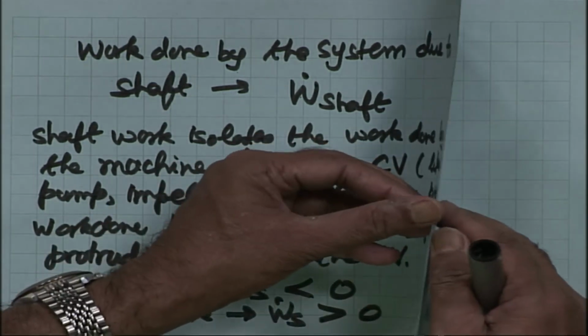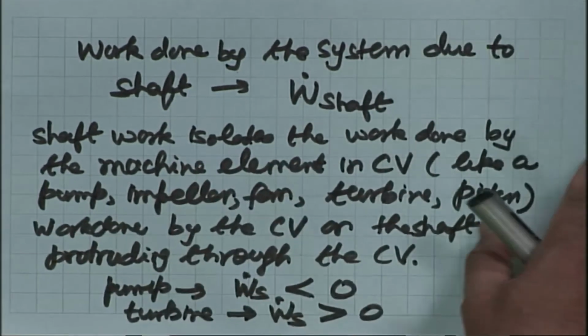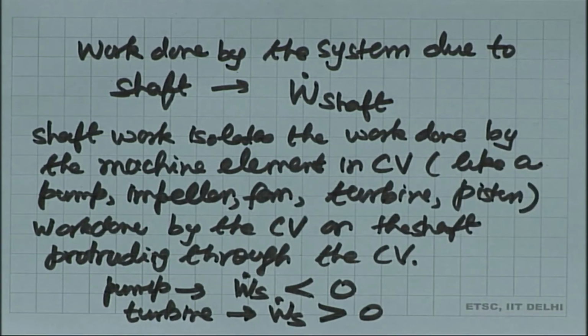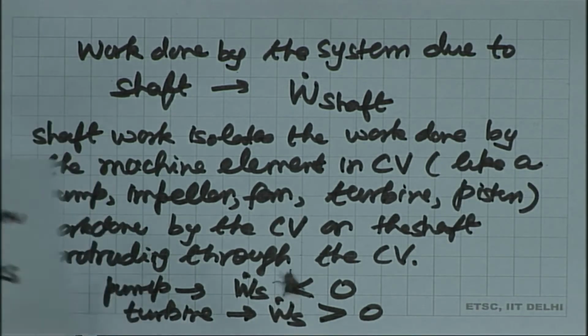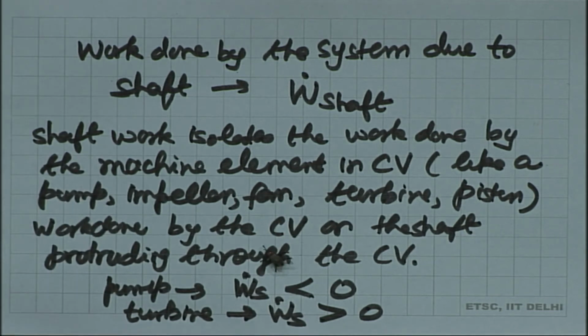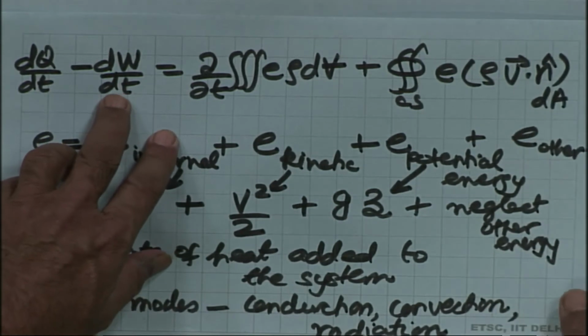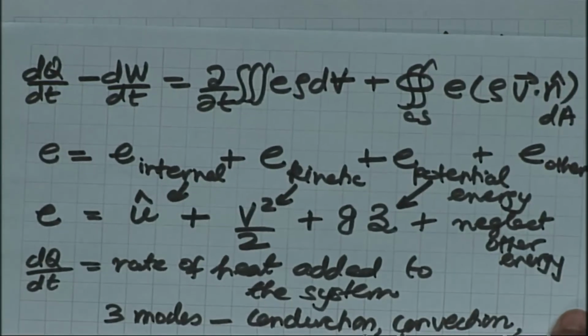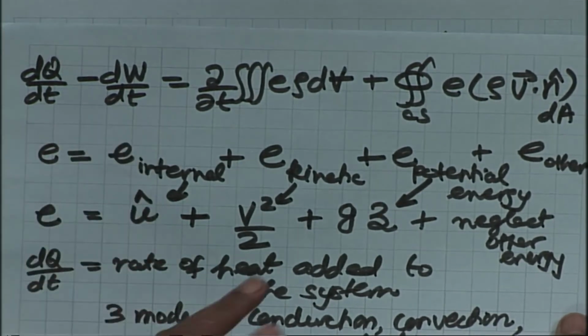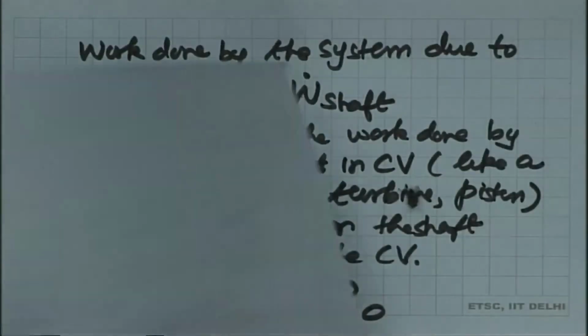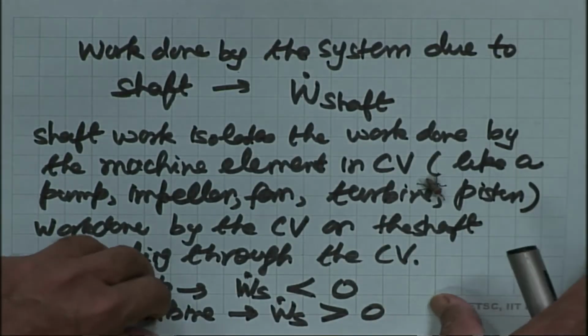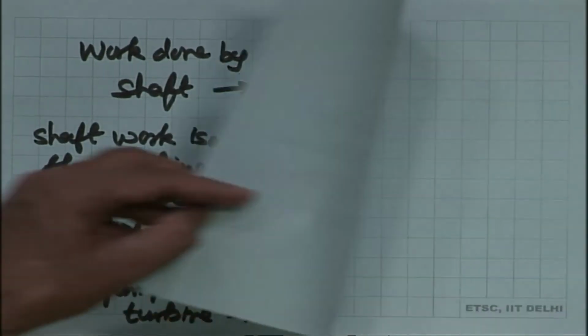Now, so now we are basically looking at the different components of the work done term, of the W dot term. That is what we are trying to now look. We are looking at the different components of W dot terms, and the first component we talked about was W dot shaft, which is because of the interaction with some moving machine part, which is also going inside the control volume.